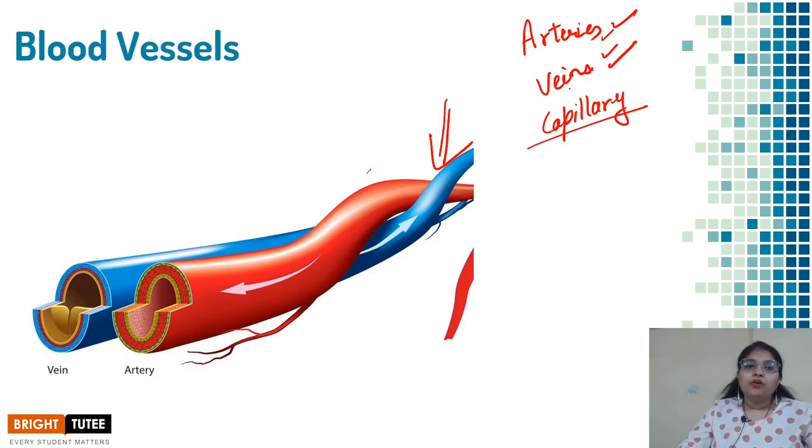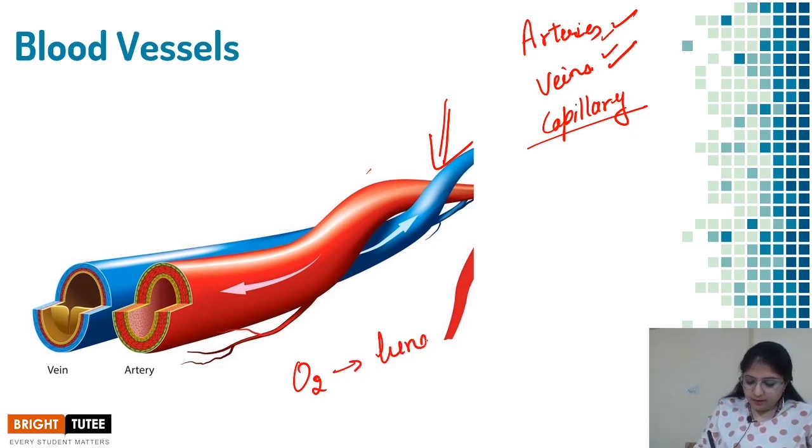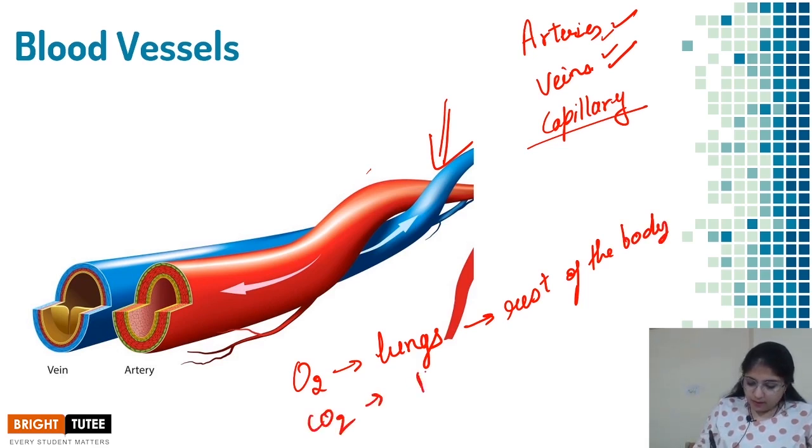Now, when we are talking about the blood vessels, if we talk about the movement of blood from one part to the other, we see that the movement of oxygen takes place from the lungs to the rest of the body, right? And the carbon dioxide from the body to the lungs, right?